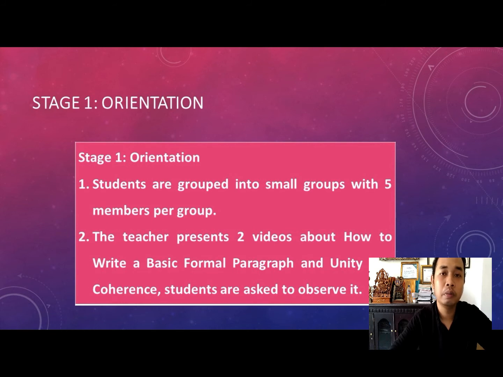After the groups are formed, the teacher will present some videos for the students, like the ones I have shown before. The videos are about how to write a basic paragraph, and then the teacher asks the students to observe it.